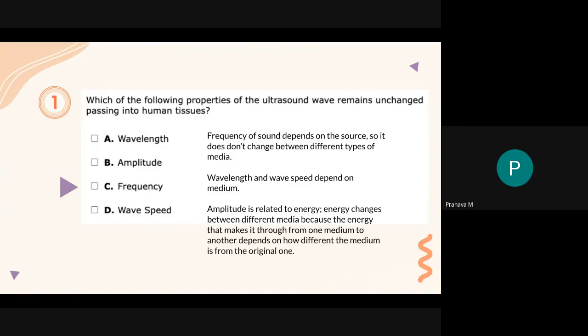And then amplitude is related to energy, and energy also changes between different media because how much of the wave energy is transmitted from one medium to another depends on the degree of difference between the original medium and the new medium. So basically the takeaway is that frequency is the one property of sound that doesn't change or is not affected by the type of medium that the sound is traveling in.